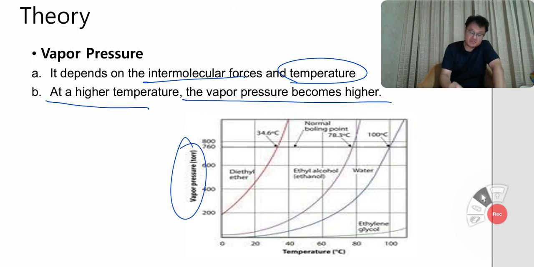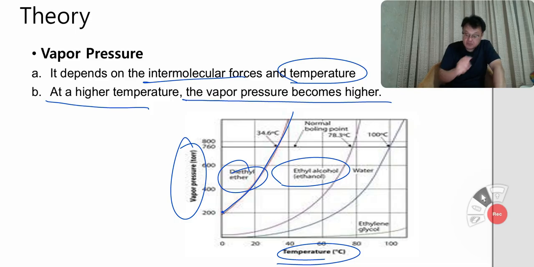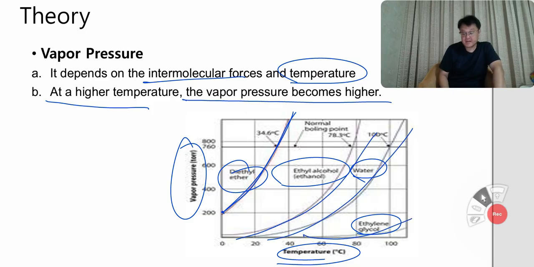So this is the vapor pressure curve versus temperature for diethyl ether, ethanol (ethyl alcohol), water, and ethylene glycol. For all liquids shown in this graph, the vapor pressure increases as a function of temperature. And diethyl ether, showing the lowest intermolecular force, shows the highest vapor pressure.